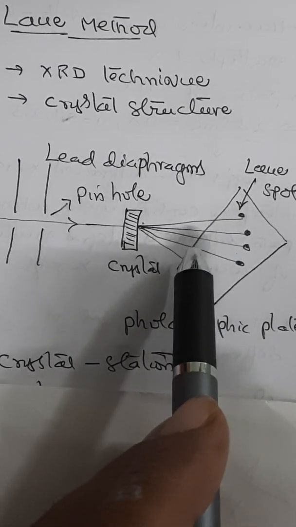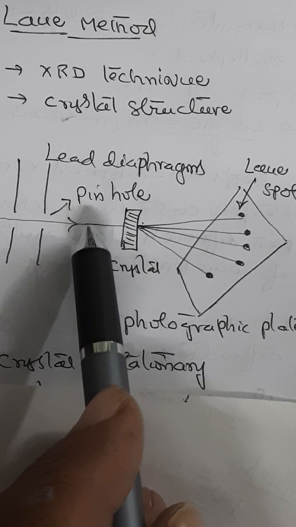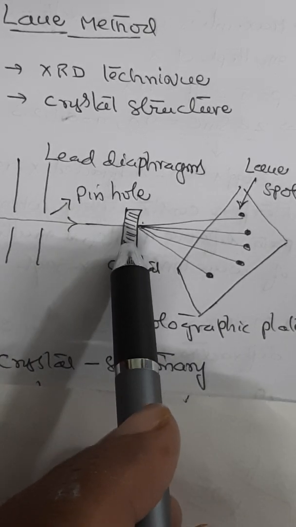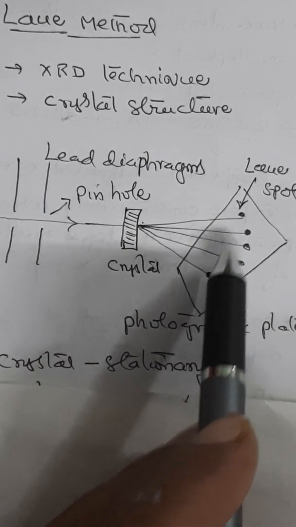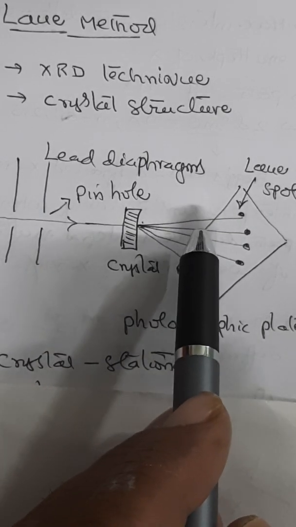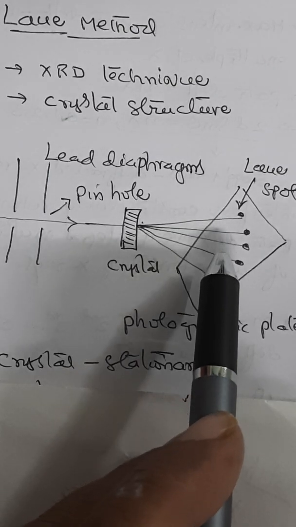These X-rays are allowed to fall on the crystal. The crystal planes in the crystal diffract these X-rays, satisfying Bragg's law. So the diffracted X-rays are allowed to fall on a photographic plate.